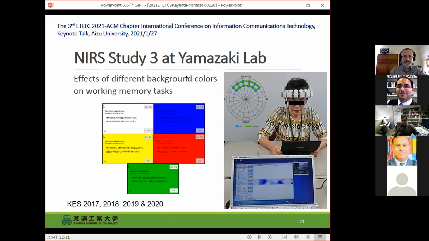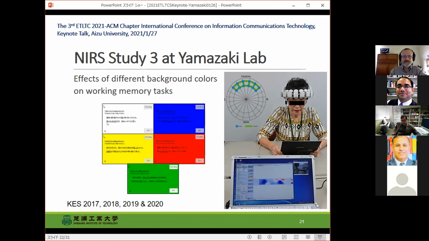And in another study, which we are doing now, we try to enhance elderly people's frontal area by using different colors. This old lady is doing a so-called short memory task.